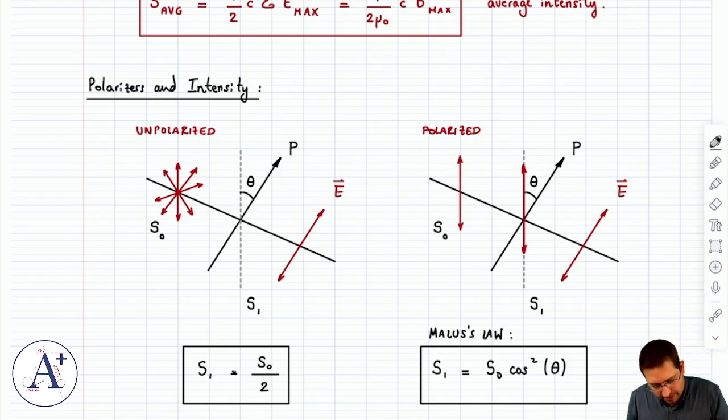If theta is equal to 90, your polarizer is perpendicular to the incoming light. Cosine 90 is 0, so it's going to block all the light. So if you're polarized vertically and you hit a horizontal polarizer, no light comes through. We could talk more about polarizers, but the truth of the matter is it boils down to this.